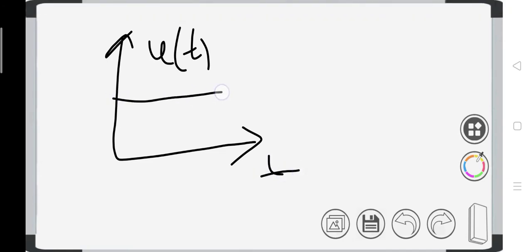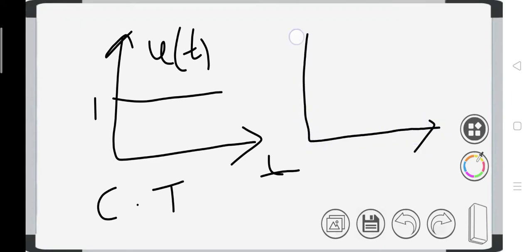This is denoted in continuous time, and in discrete time it is represented as u of n. In discrete time the time variable is denoted as n.